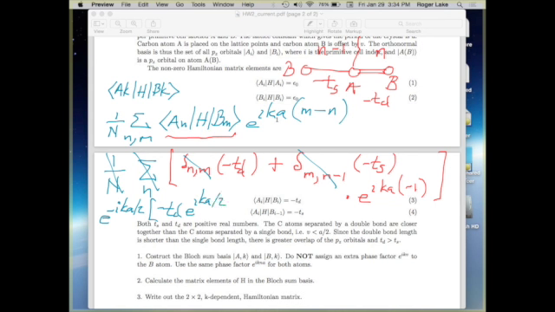I guess this is not going to help in this case because the T's are different. If the T's were the same, I could write that as a sine function, but the T's are different, so I'm not sure that helps at all. I haven't done this problem in a while. At any rate, this is your off-diagonal matrix element. So in the red bracket, I factor out an e to the minus i k a over 2.